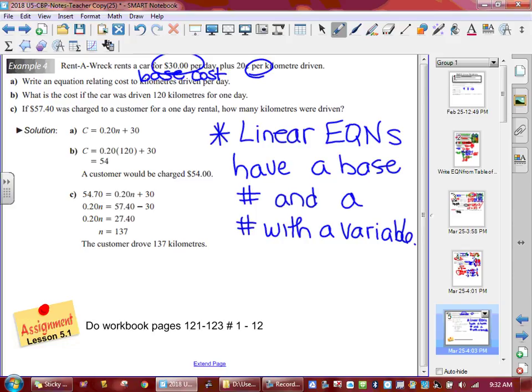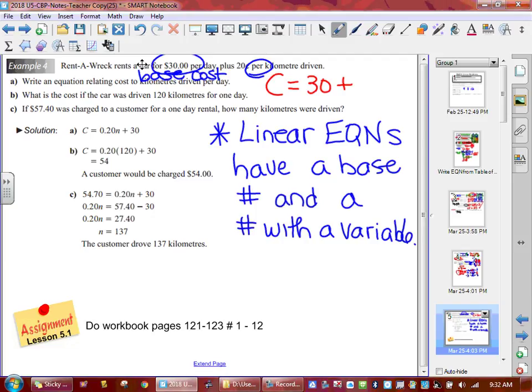Then we've got 20 cents per kilometer. Do we know how far we're going to drive every day? No. So that's why that's the number with the variable, because you don't know how many kilometers you're going to drive. So our equation is going to look like this. Cost equals $30 plus 20 cents per kilometer.